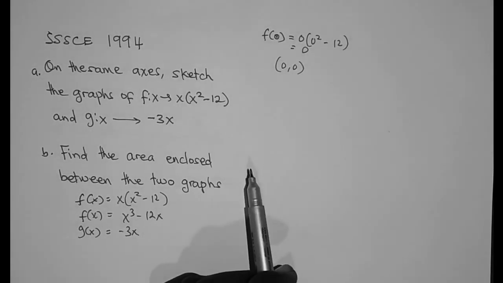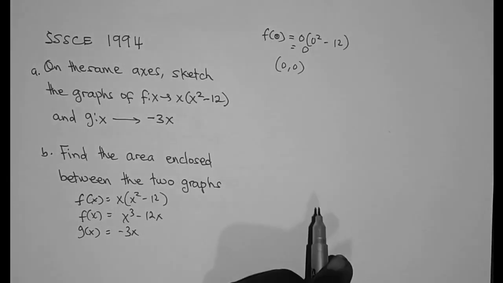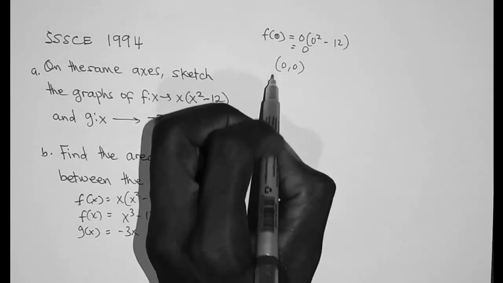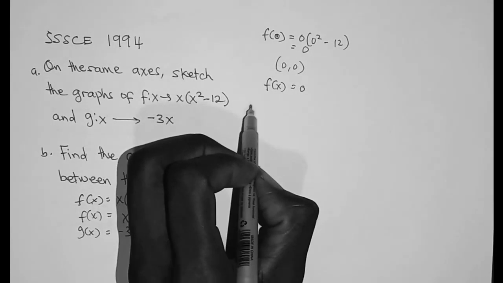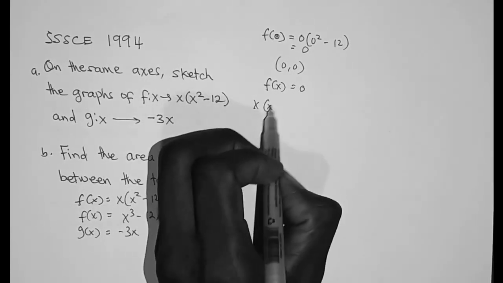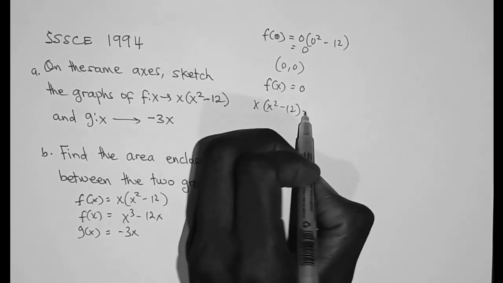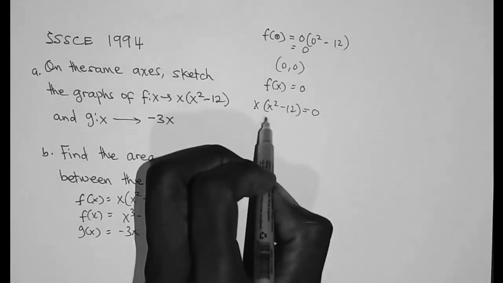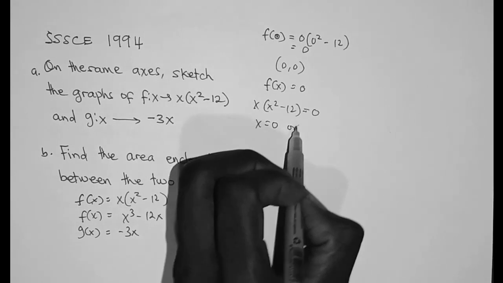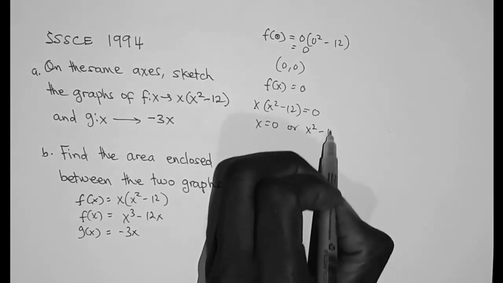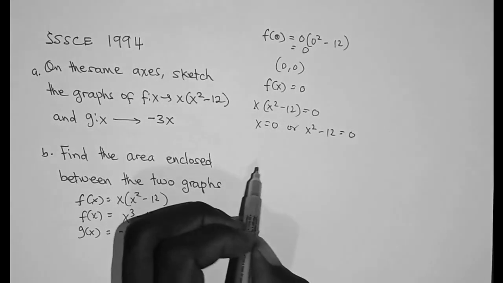And then let's find the x-intercept for f of x. So that is f of x equals 0. This implies that x times (x squared minus 12) is equal to 0. So it's either x is equal to 0 or x squared minus 12 is equal to 0.